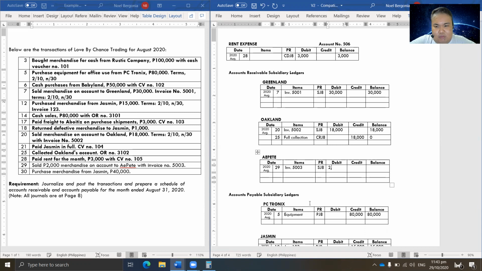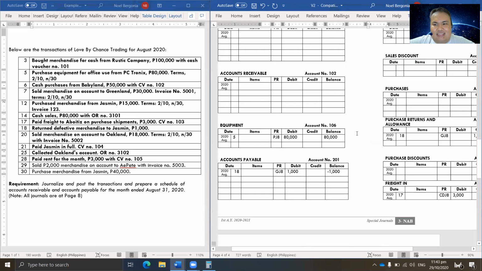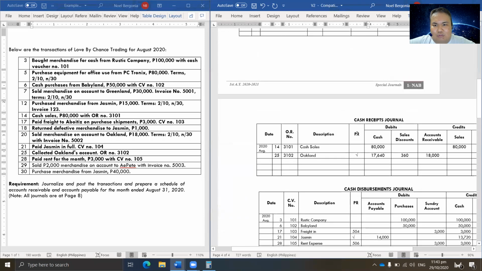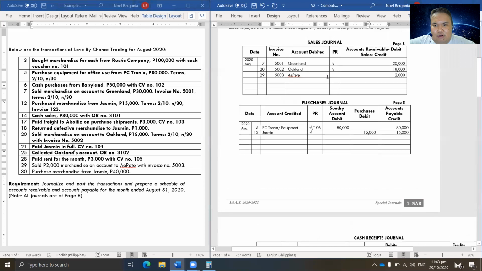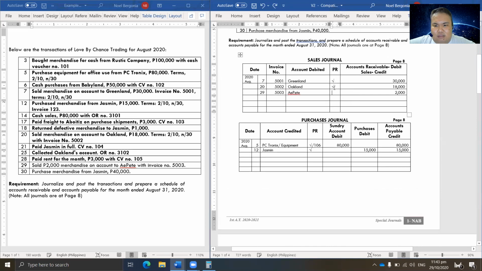Magkano dinebit? 2,000 pesos. And the balance is 2,000 pesos. Very good. So anong gagawin? Balik sa sales journal to put check mark in our APIT. So we're done with 29. Last na.